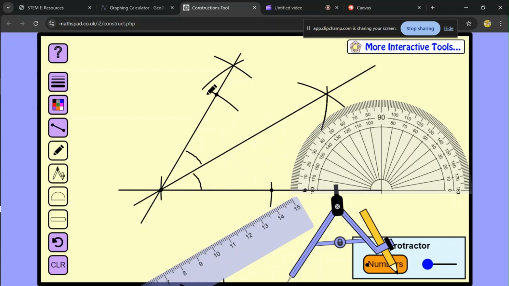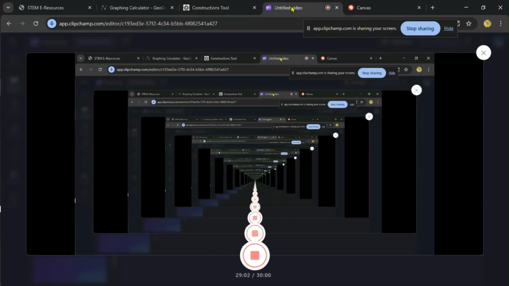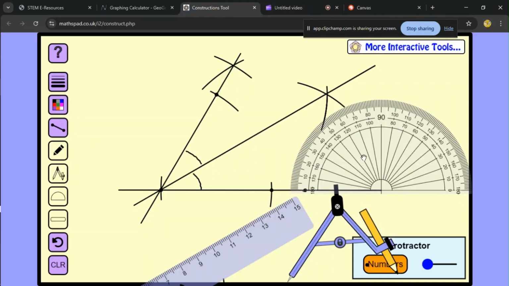You just put a mark on the two lines that you want to bisect, and then follow the procedures that you've done for 90, and also for 60. This is helpful. I want us now to go to our question and see how we can solve that.